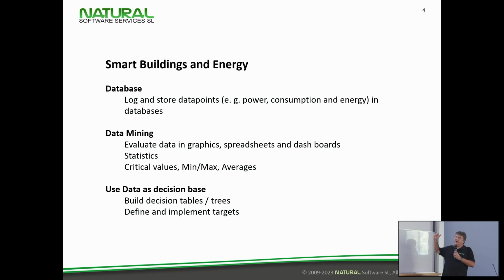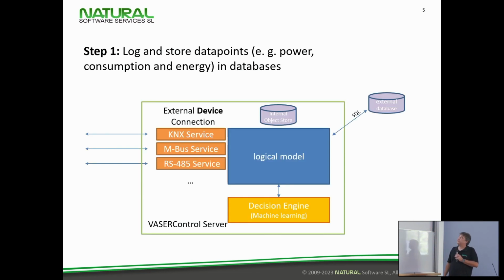And I'm going to talk about some other things we are planning to do, or what we're doing actually. So what do we have? We have the logic model in the middle, and we have connectors to different kinds of home automation protocols. And that's actually the beauty of Smalltalk, because on the logic model side, we don't have any data types. So for example, we get from the KNX system a string which is limited to 14 characters.